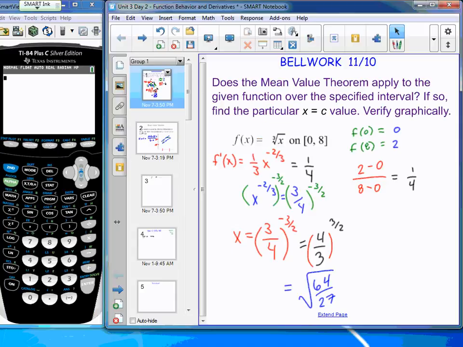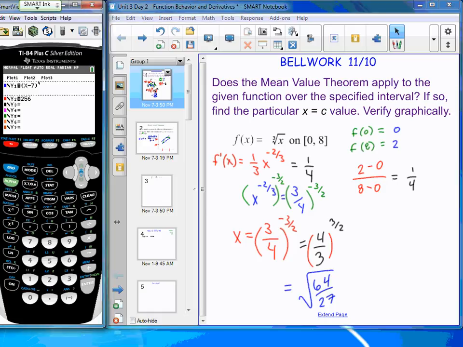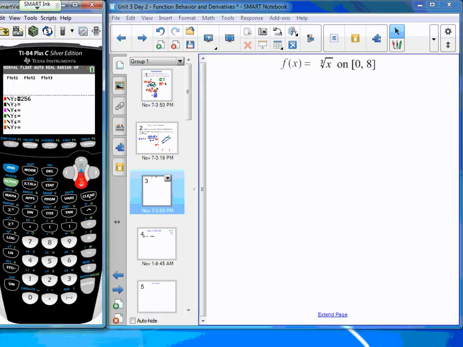So I'll go ahead and go to my calculator, and I'll get my y equals cleared out, and I wanted the cube root of x. Math 4. Very nice.